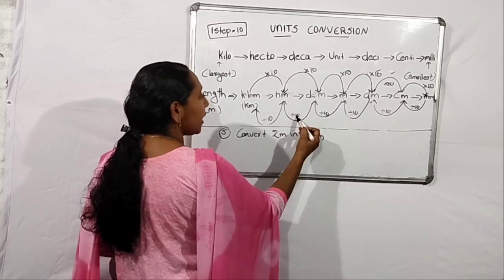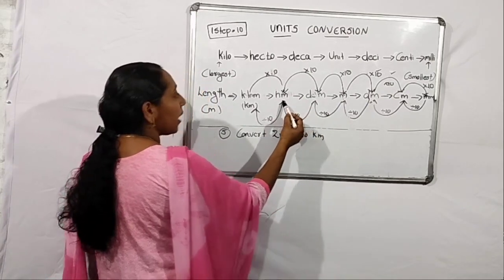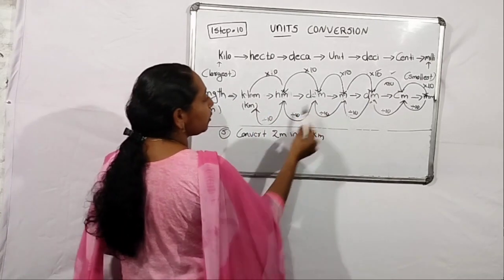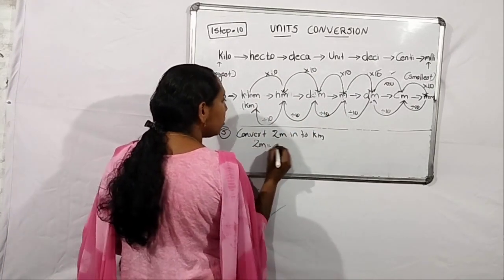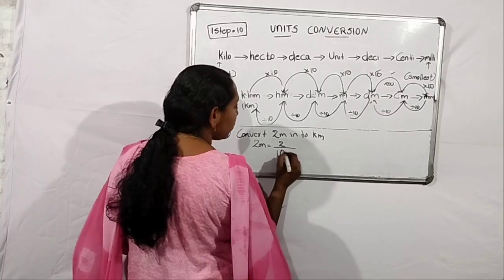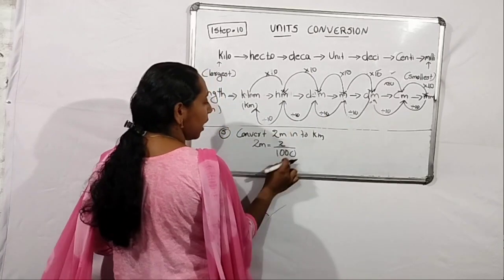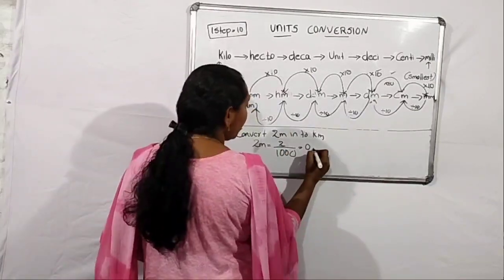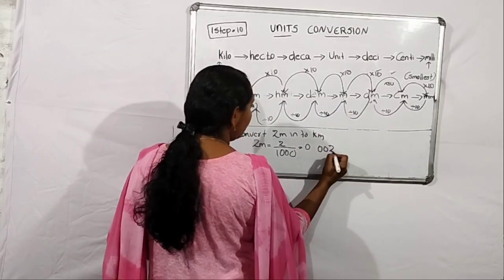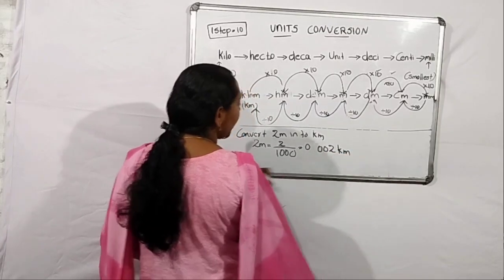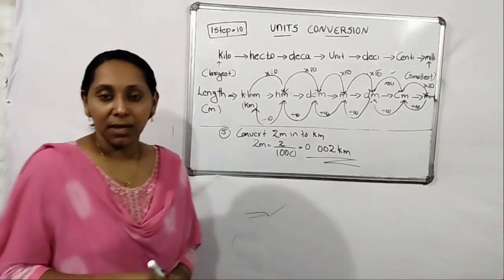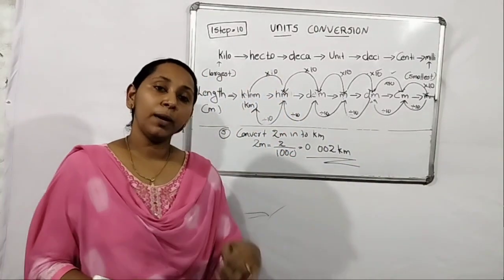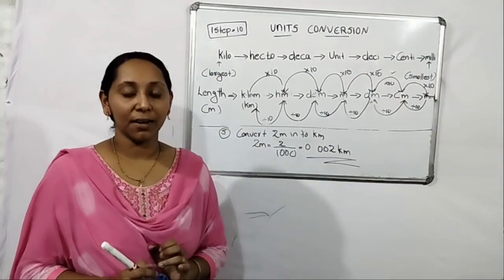Decameter to hectometer, another division by 10. Hectometer to kilometer. So 1, 2, 3. 3 times we should divide. So 2 meter equals 2 divided by 1000. 3 times means 1, 2, 3, 1000. The answer is 0.002 kilometer. So 2 meter means 0.002 kilometer. This is in the case of kilometer, meter, centimeter conversion.